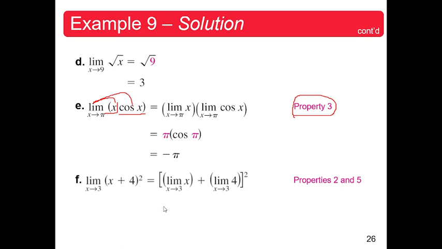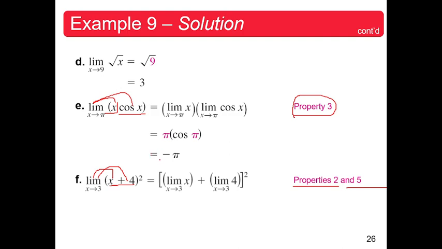So this last example, we could have the limit of x plus 4 squared. Okay po. If you will notice, this is a combination of two properties. That is the sum and difference and the power. Right? So in the first place, you have two values and that is a binomial. Correct? So once we have the limitation, first distribute it. So you're going to multiply limitation times x and the limitation to your 4, and that will become the limit of x as x approaches 3 plus the limit of 4 as x approaches 3.